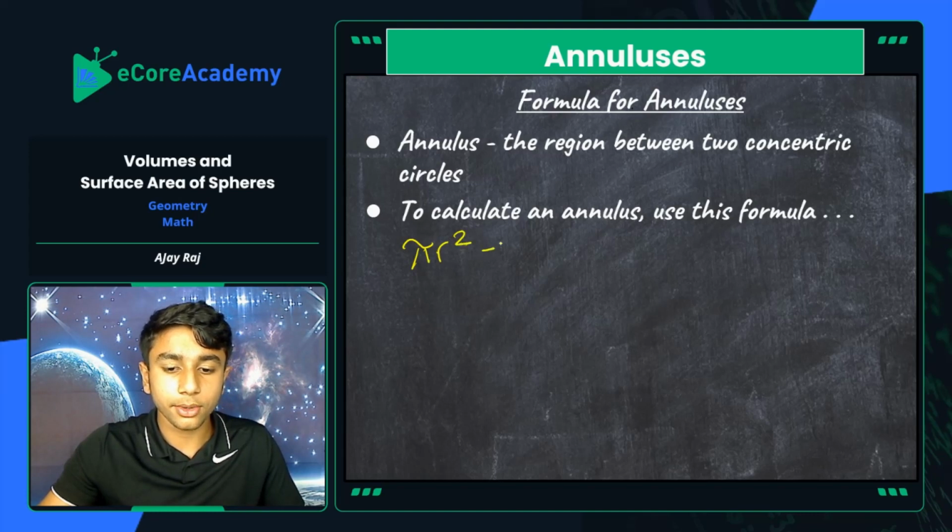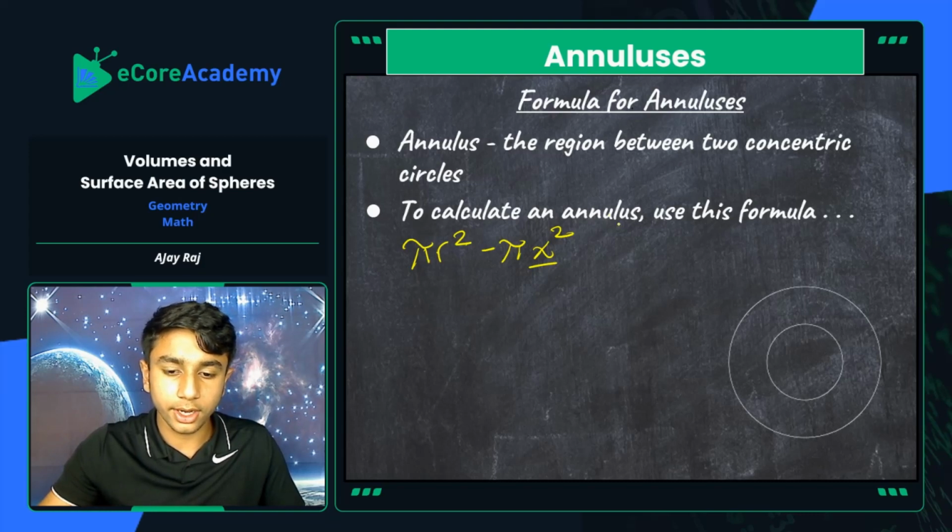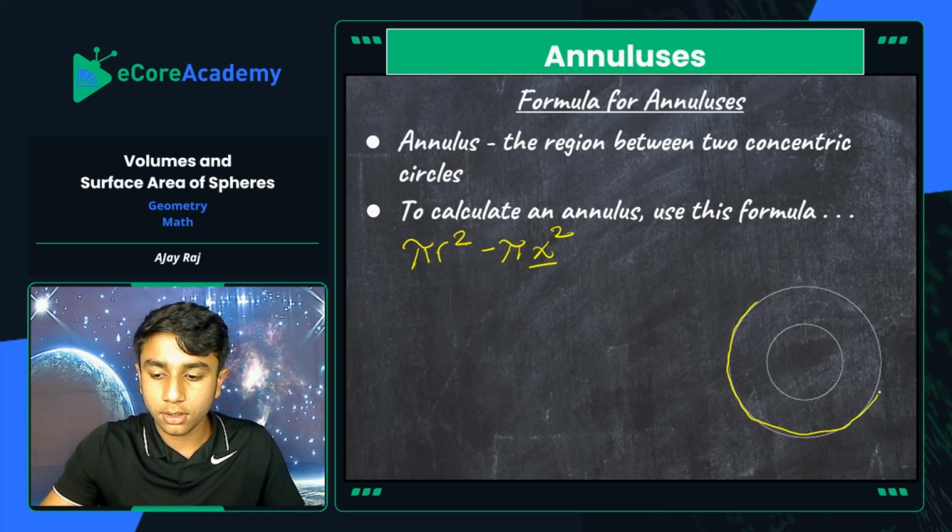So it's going to be pi r squared minus pi x squared. So you might be wondering, what is x? X is just another way of relating to the radius of a smaller circle. So this is an annulus right here. One large circle, and then you have one smaller circle. I'll trace that out here. Kind of make that a bit more noticeable.